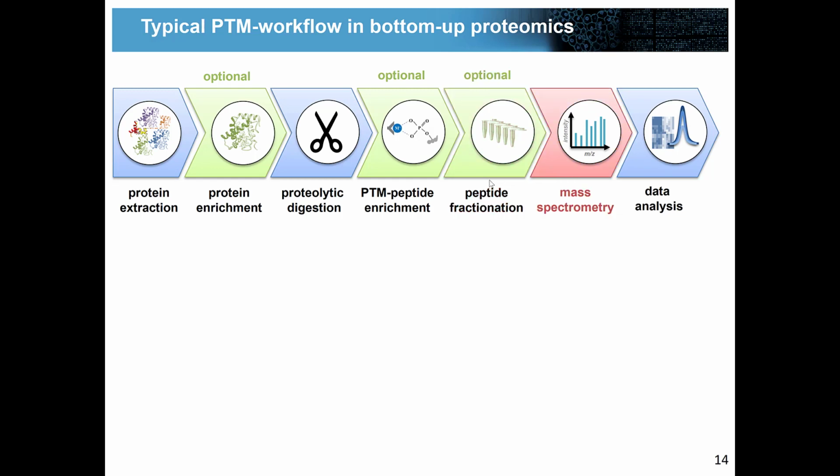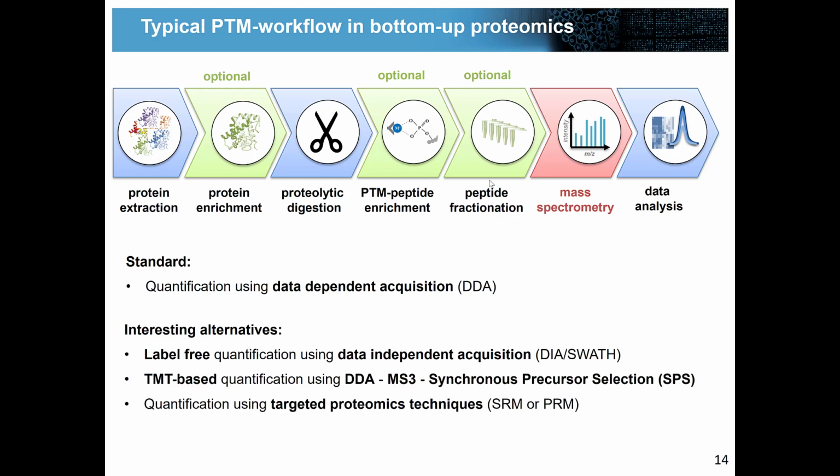Okay, the second last step of the workflow is mass spectrometry, and I think it's very fair to say that currently still most of the PTM work that is published is from projects where the data was acquired by data dependent acquisition, so by DDA. However, there are also alternatives to the standard DDA shotgun type of data acquisition.